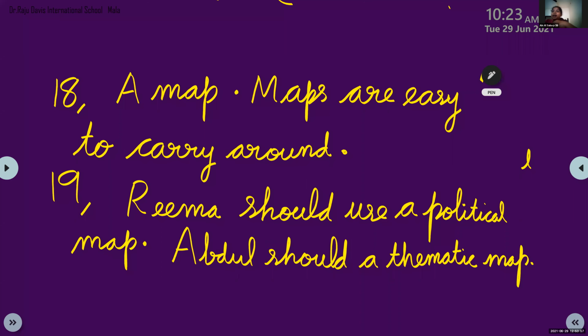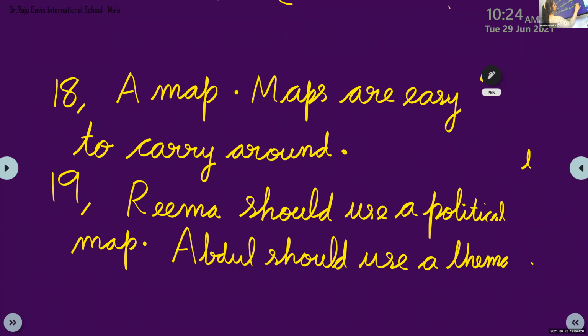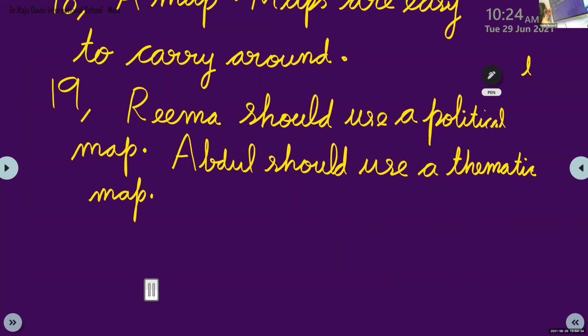You didn't write, Abdul should use a thematic map. Abdul should use a thematic map. Rima should use a political map. Abdul should use a thematic map.